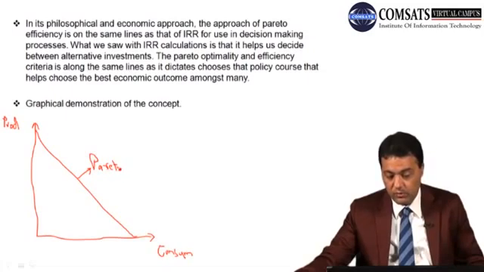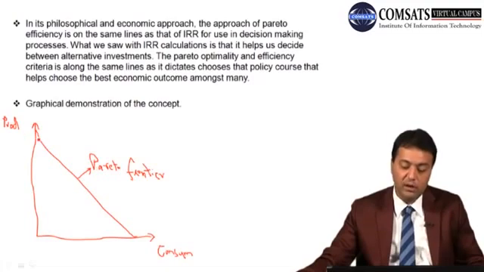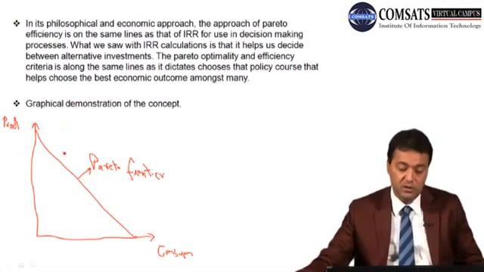This is a Pareto frontier. This is what is achievable in an economy. This is what maximum is achievable in an economy. This is a Pareto frontier.